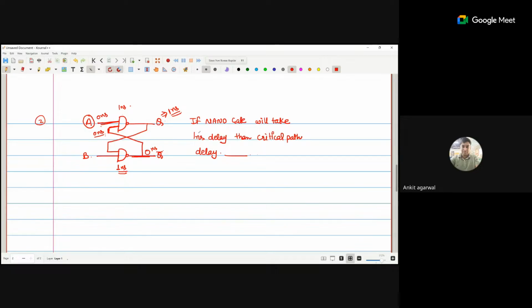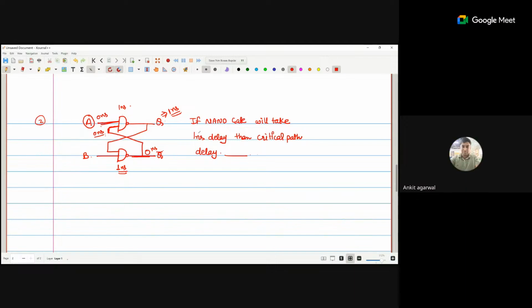Why? Because when we apply the signal, our gate takes 1 nanosecond time delay, and after that we get the output. So we get the output after 1 nanosecond. Any doubt? Yes, sir. This part is clear.